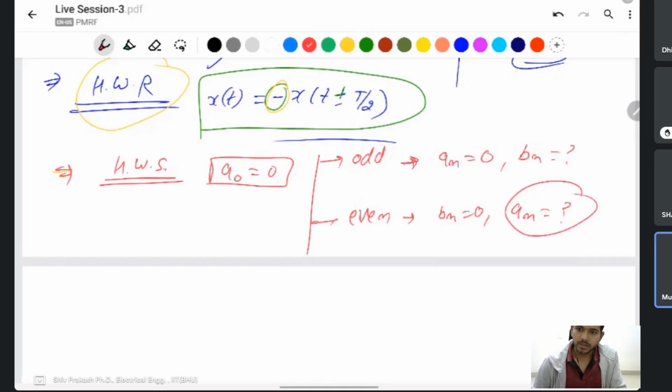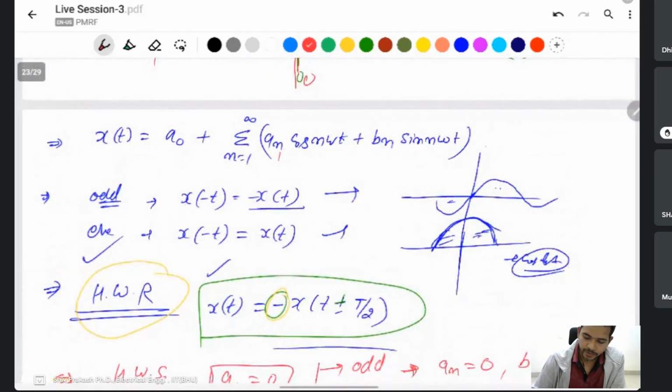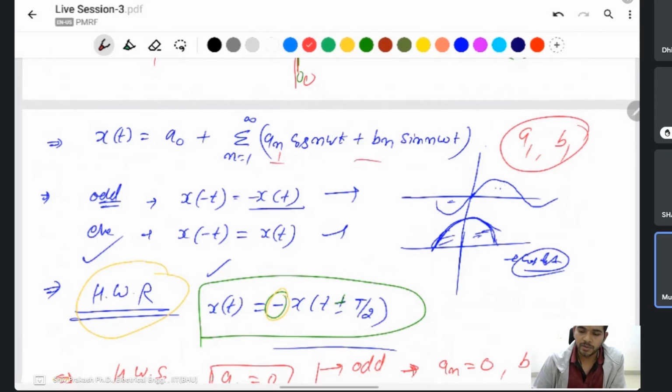Sir, I have a doubt. If both An and Bn are there for a particular waveform, how do we find the fundamental of that waveform? Find A1 and B1 and add both. How do we arrive at the magnitude of that fundamental if both A and B are present?